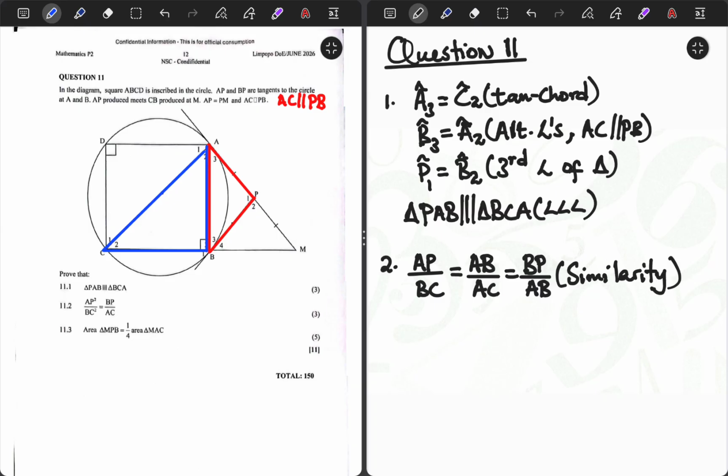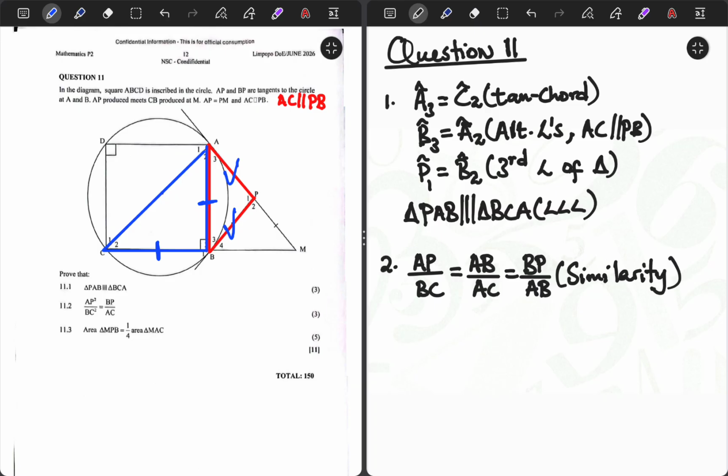Before we go far, let's remember that this is a square, so these are equal, and also remember that this equals that. So PB equals AP.